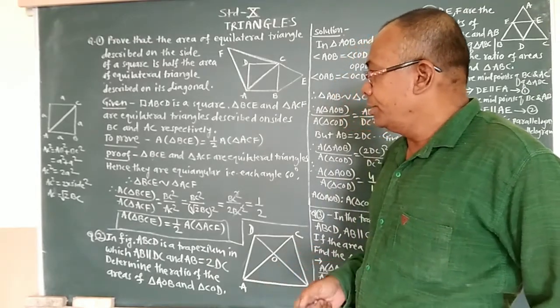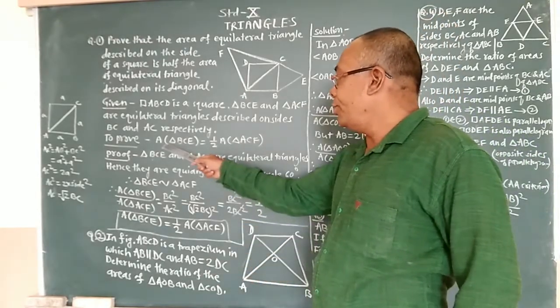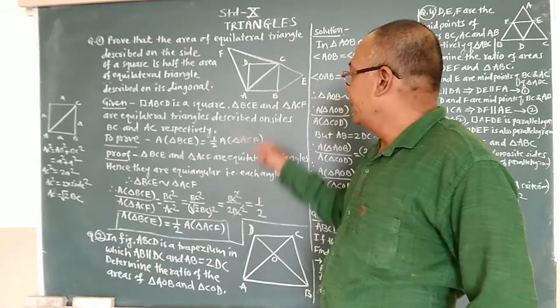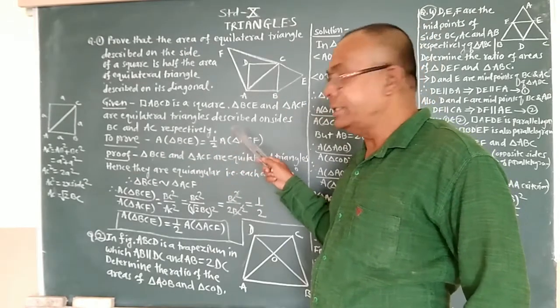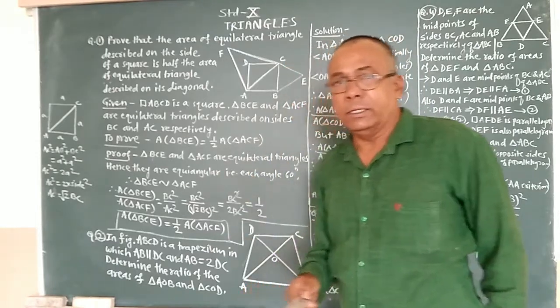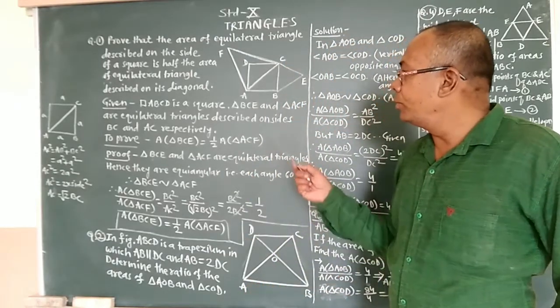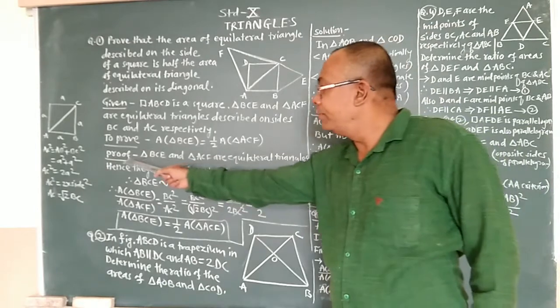We have to prove that the area of triangle BCE is half of the area of triangle ACF, and to prove it we have to write the proof.